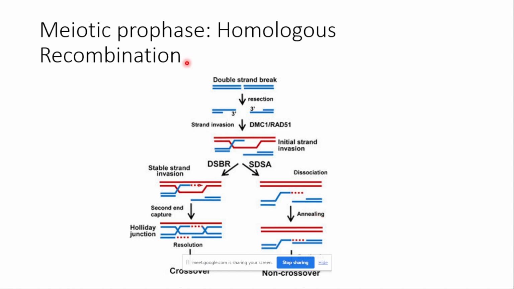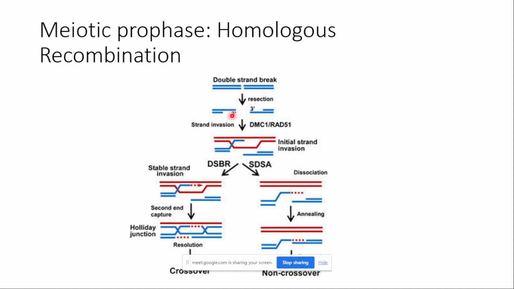Suppose there is a double strand break. A double strand break can occur at the stage of crossing over in meiosis, and it can also occur if your DNA has a double strand break due to DNA damage. So these are two possibilities. The pathway for these two double strand breaks is the same at first: resection of this 5' end.